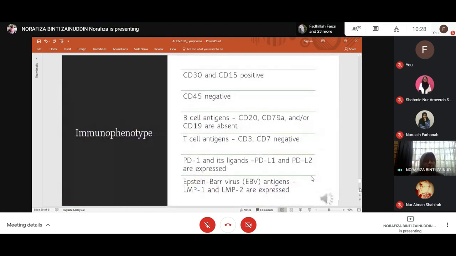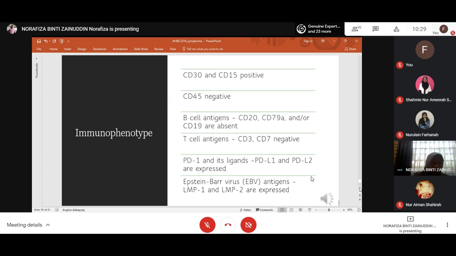Alright, so for the immunophenotype, CD30 and CD15. CD30 is expressed in almost all cases of Hodgkin lymphoma, whereas CD15 is expressed in up to 85% of cases.